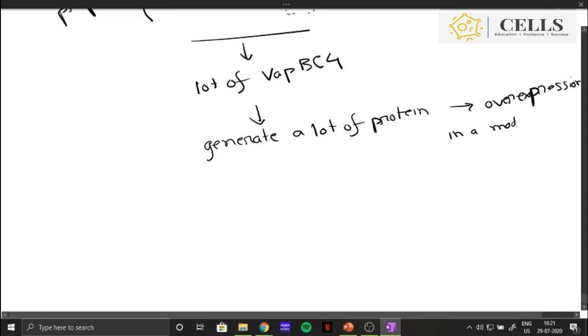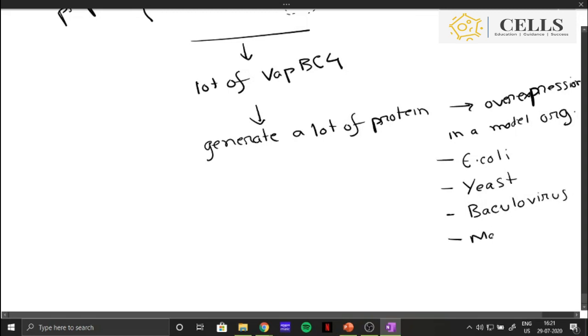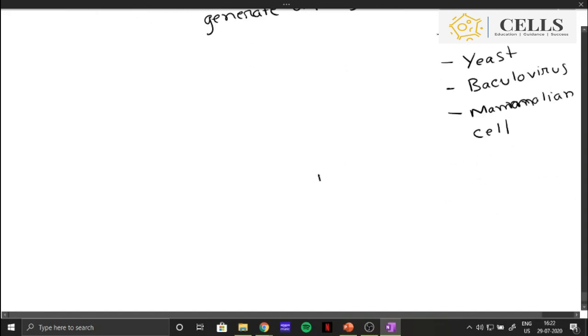Okay, in a model organism being E. coli, it can be yeast, it can be baculovirus, it can be mammalian cell line. Mammalian cell line means like HEK.